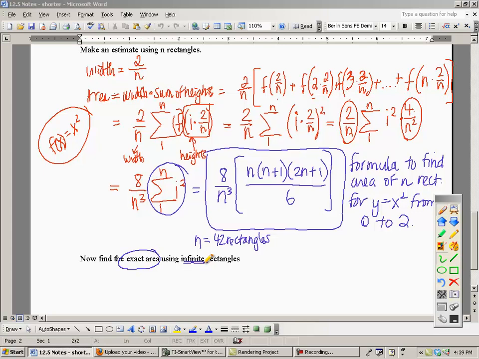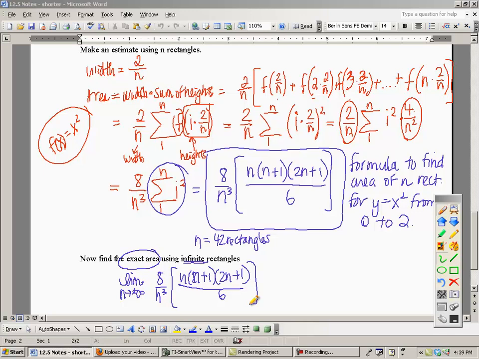So we go back to the end of 12.4 and we say, let's take the limit as n goes to infinity for our function, 8 over n cubed, n plus 1, 2n plus 1, all over 6.